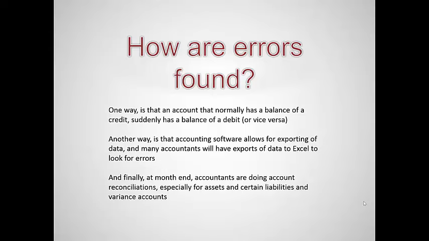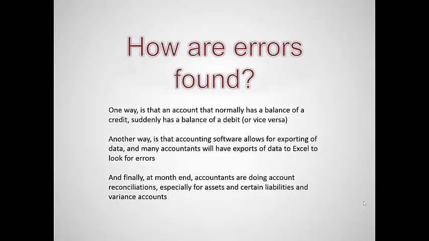Another way that you can find errors is that accounting software today allows for exporting of data. So if an accountant is responsible for certain accounts in the chart of accounts, they can export that data, however much data there is, into Excel, and then manipulate it and look for possible errors.